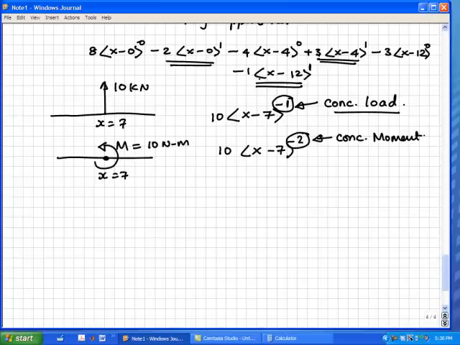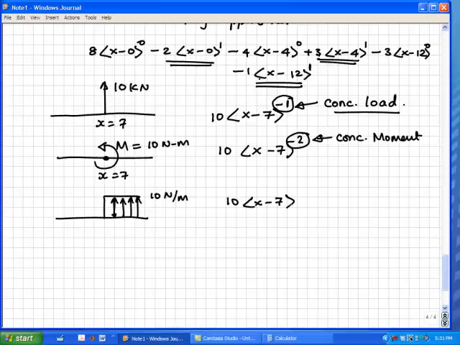Now we have our list: concentrated load, concentrated moment, and load jumps. A load jump pointing up, again 10 Newton per meter, will be written as 10 times x minus 7 to the power 0. Sorry, to the power 0. This means constant load distribution.